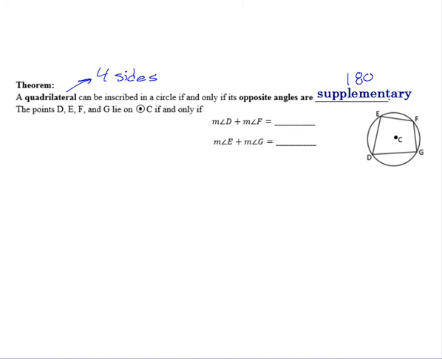So it says the points D, E, F, and G lie on circle C if and only if the opposite angles, so E and G, and F and D, both have to equal 180 when I add them together. So that's how we can tell if a quadrilateral will be inscribed in a circle, if those opposite angles add up to 180.